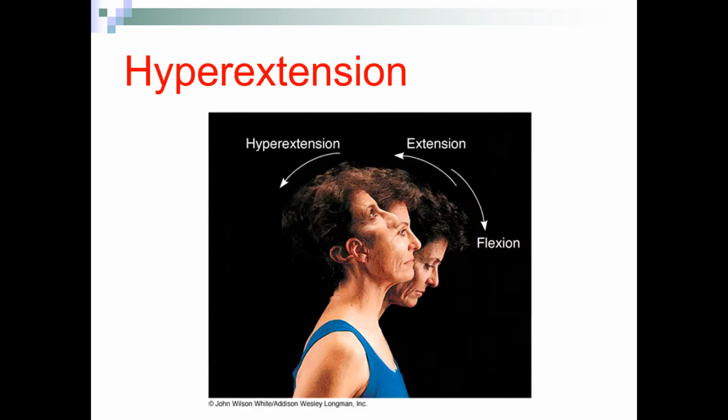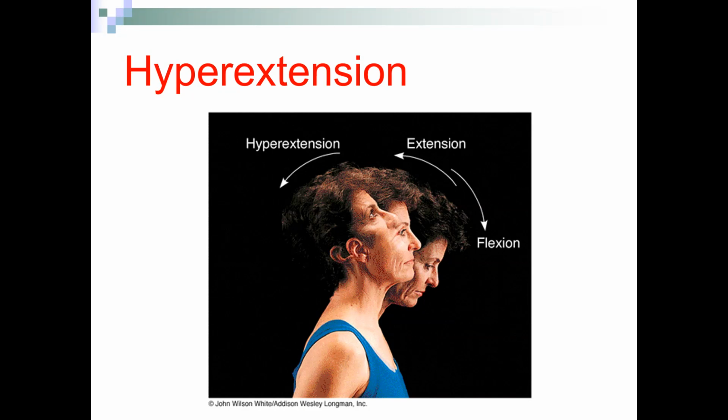Now, there's also something called hyperextension. So let's look at the head here. When you look straight down, you're moving your chin closer to your chest, which means you're flexing the head. When you look straight forward, of course, you're moving your chin away from the rest of your body.